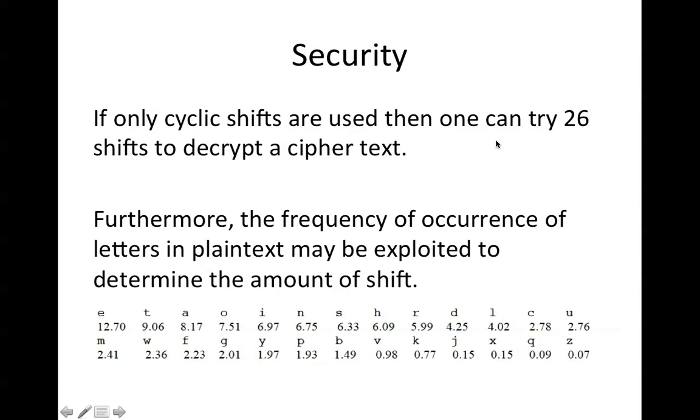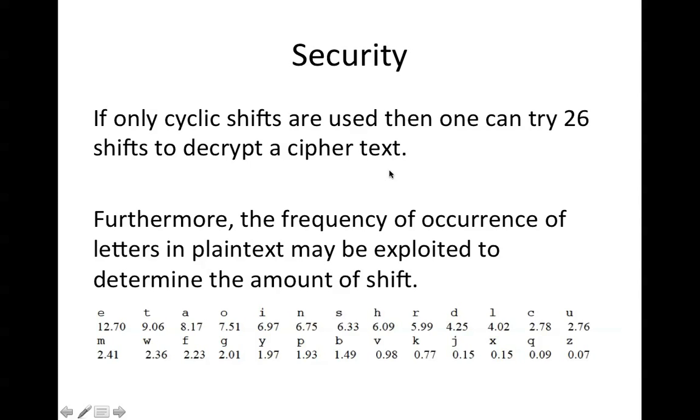And so the total number of shifts will be just that. Therefore, you could technically try each of those 26 shifts. One of those will have to be ruled out, because if you didn't shift it, that might as well be the original plain text.